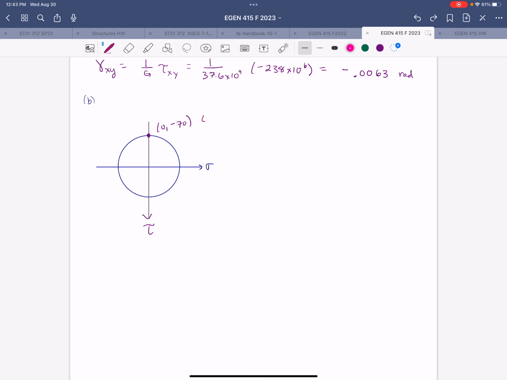And from there, we want to rotate 2 theta in which direction to get to our XY state? Yes, you're correct, counterclockwise.